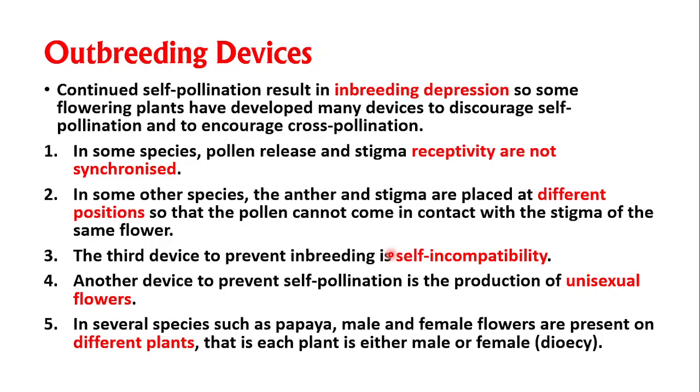If it has only the male reproductive structure, then that type of flower is called what? Staminate flower. And if it has only the pistil or female reproductive part, then it is called the pistillate flower.